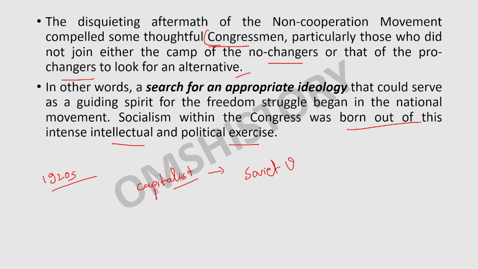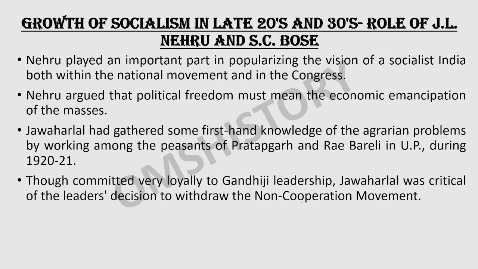The Soviet Union was successfully running its 5-year plan, which again caught the fancy of these leaders. So basically two leaders in the Indian National Congress rose to this occasion: Jawaharlal Nehru and Subhash Chandra Bose, and under them we see the growth of socialism in the late 1920s and 1930s inside the Congress.